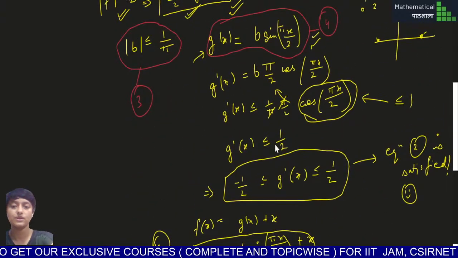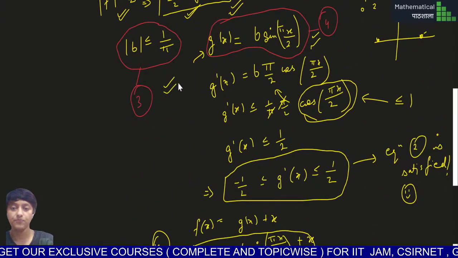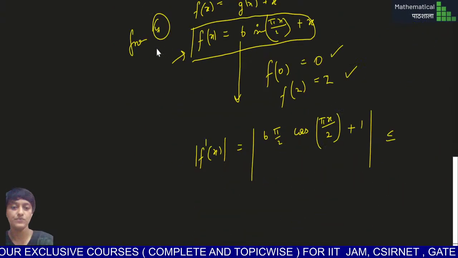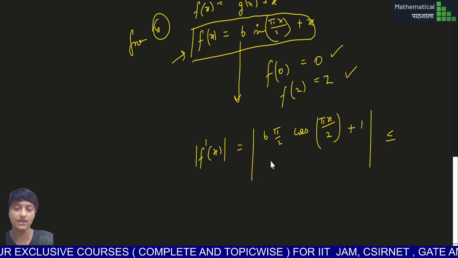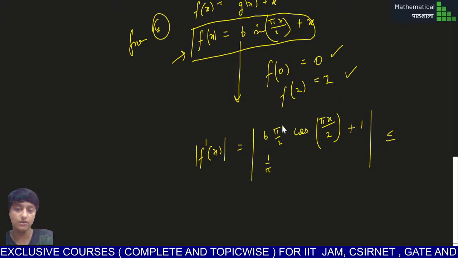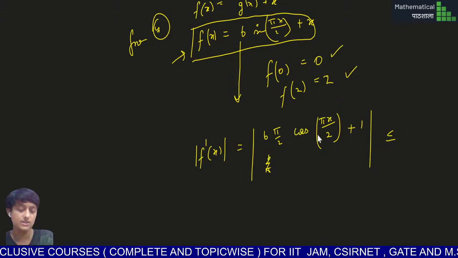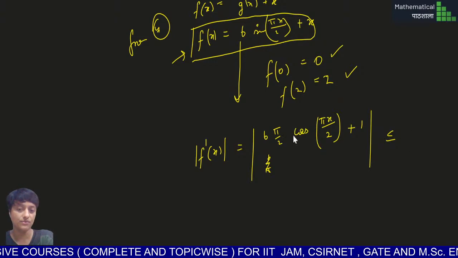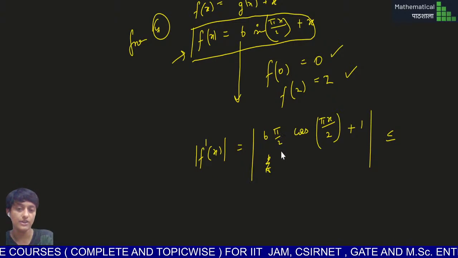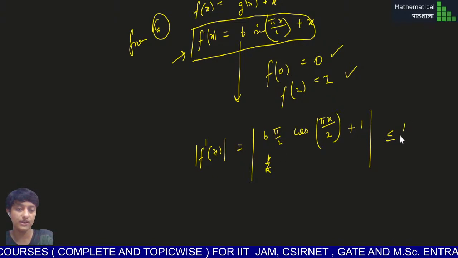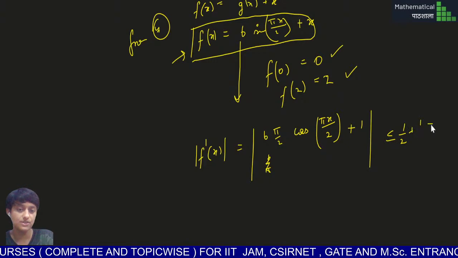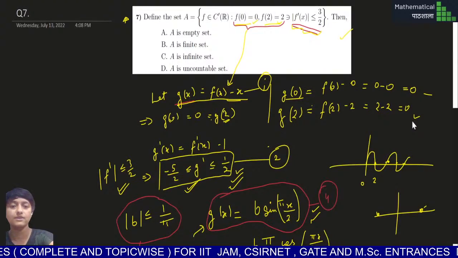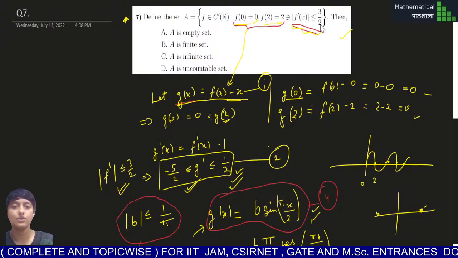From this equation, mod b is less than or equal to 1 by pi. So this pi will be cancelled out, and cos is less than or equal to 1, we know already. So we will get here 1 upon 2 and here 1. So it will be 1 upon 2 plus 1, which is nothing but 3 by 2. So we have got that mod f dash x is less than or equal to 3 by 2.